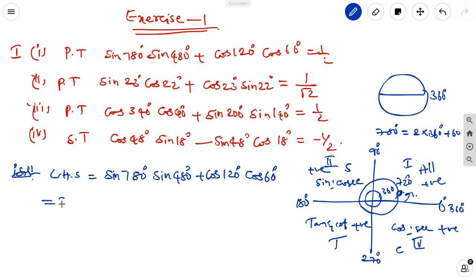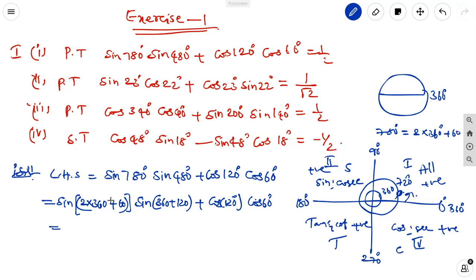So here it is equal to sine of 2 into 360, that is 2 pi, plus 60, sine of 360 plus 120, plus cos of 120, cos 60 degrees. It comes in the first quadrant.